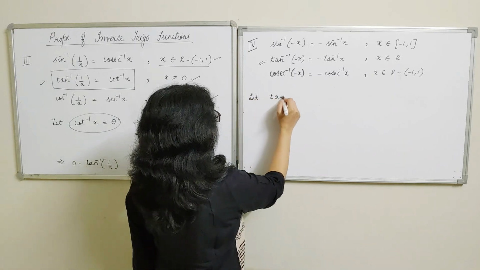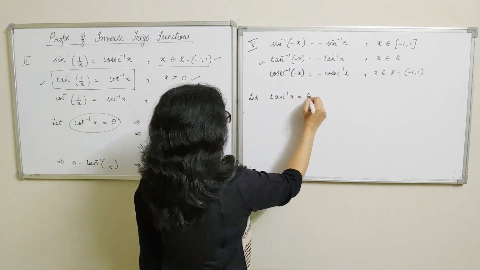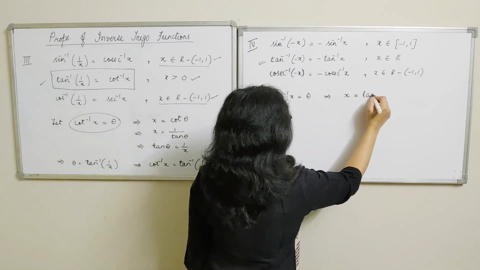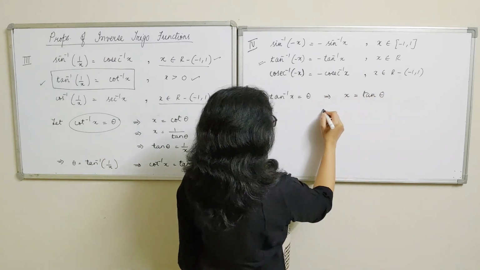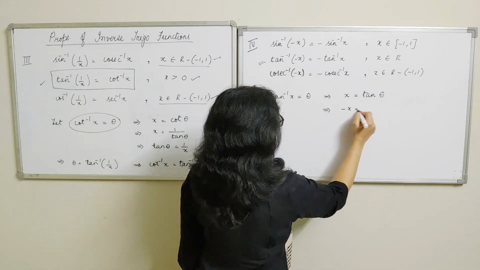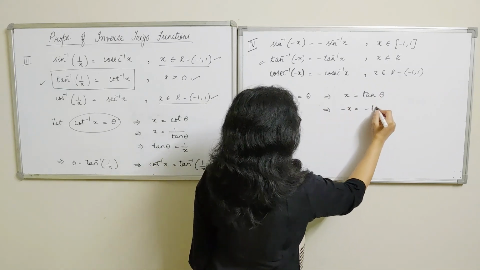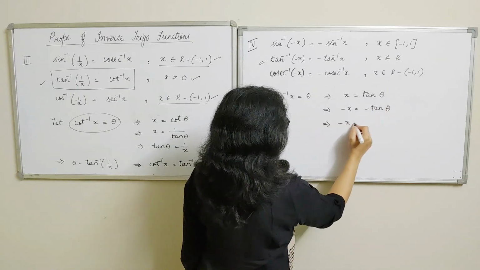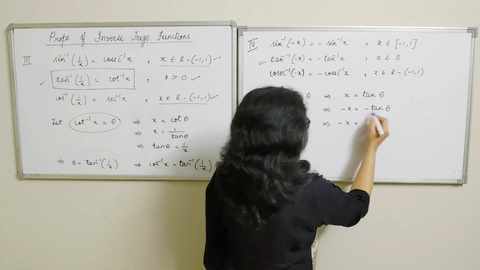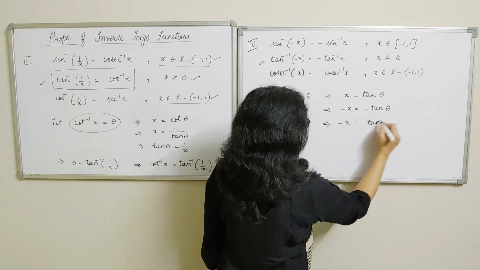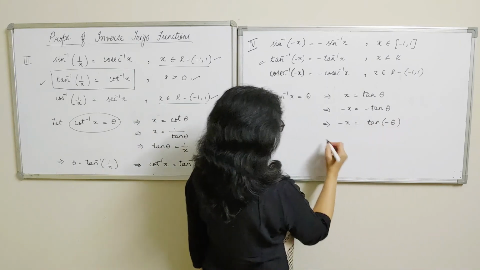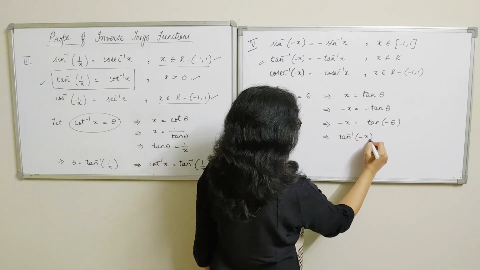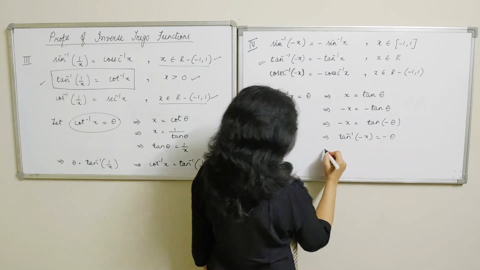So let tan inverse x be theta. That means x is tan theta. If we multiply both sides of the equation by -1, we obtain this. And we know from basic trigonometry that minus tan theta can be written as tan minus theta, and tan inverse minus x is minus theta.